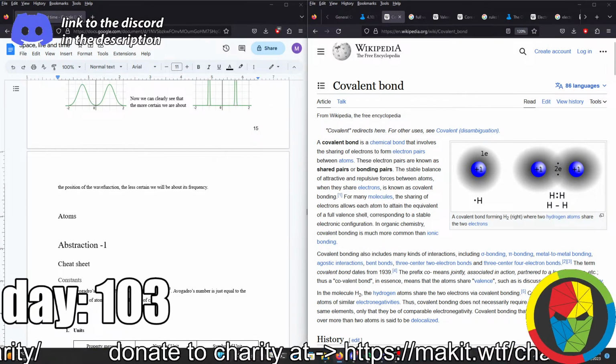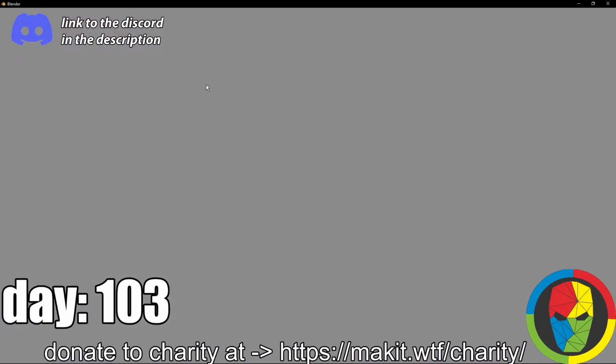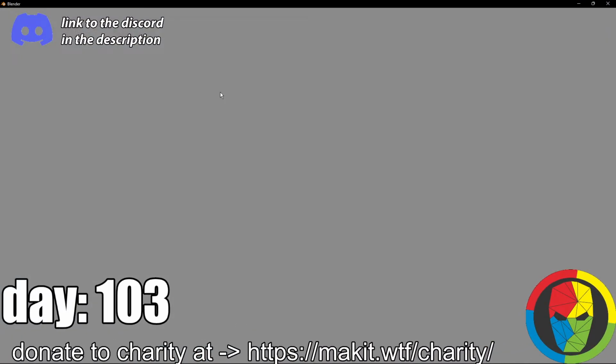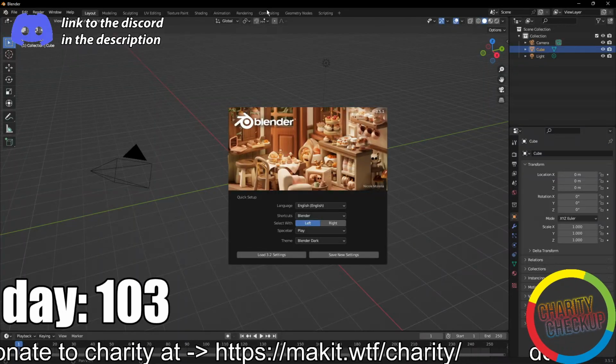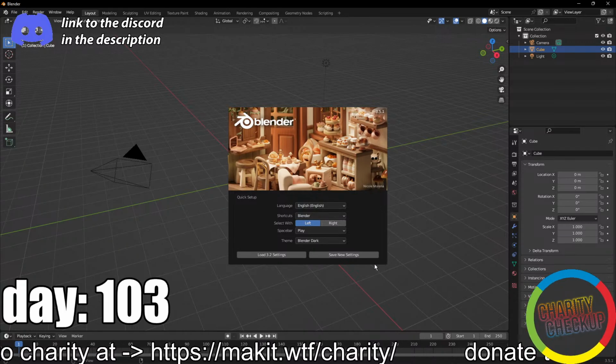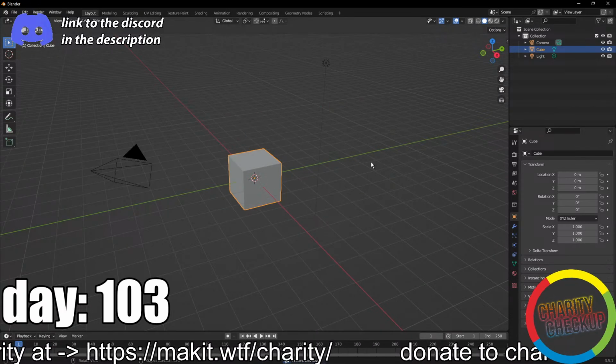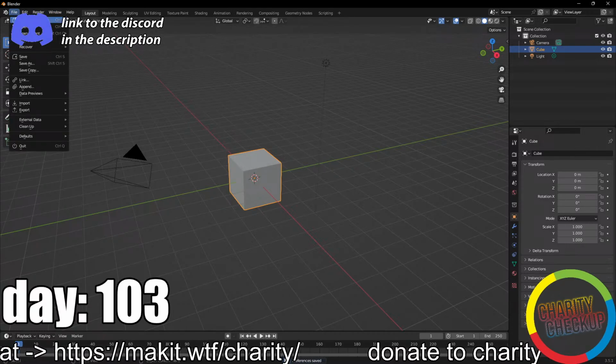Okay. 3.5. Oh, that looks different. Wow. Save new settings. Okay. Wow, that looks different.